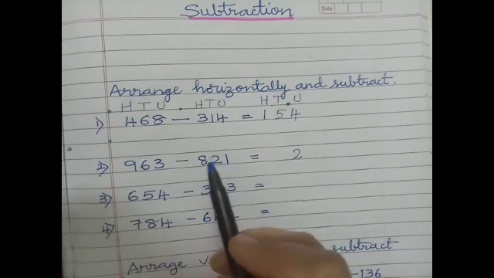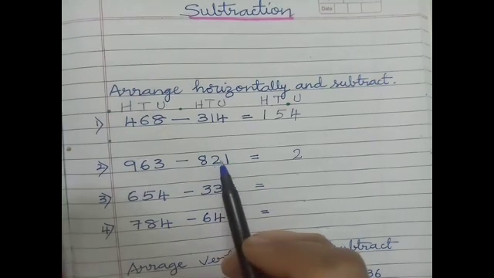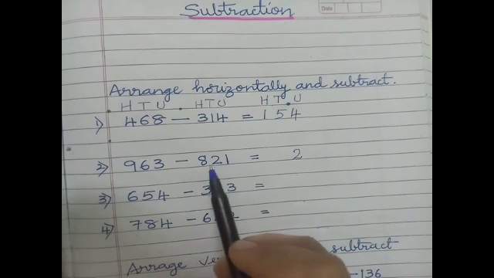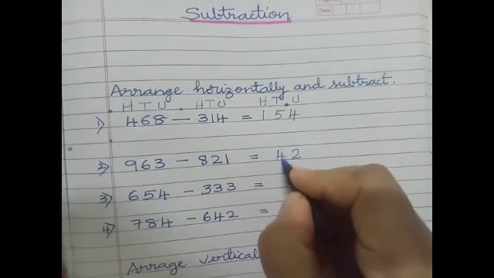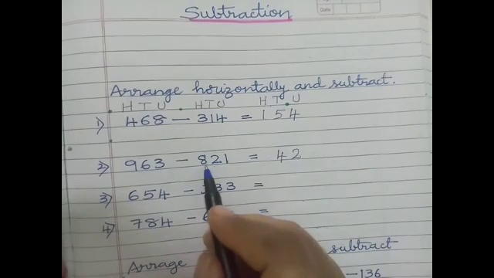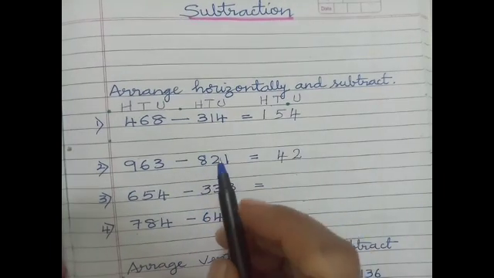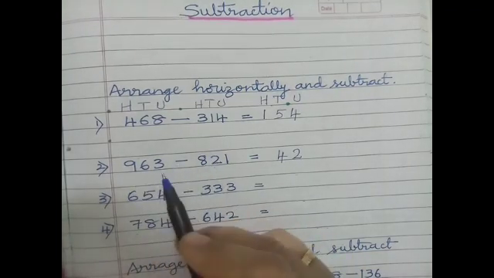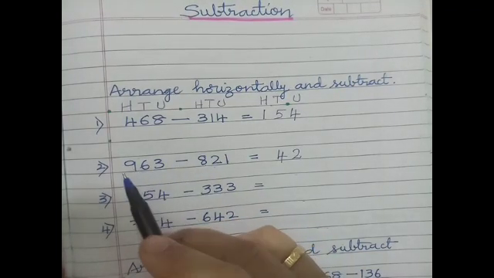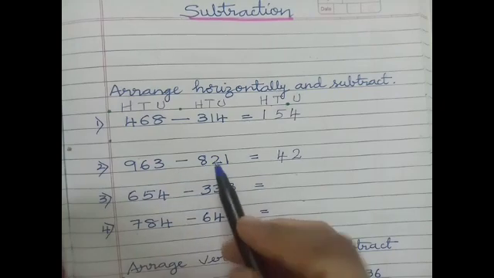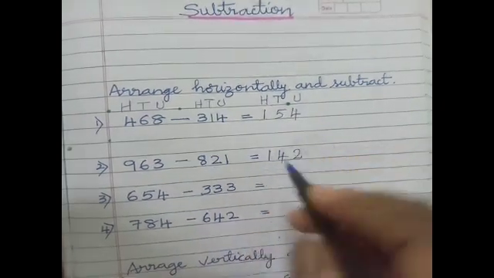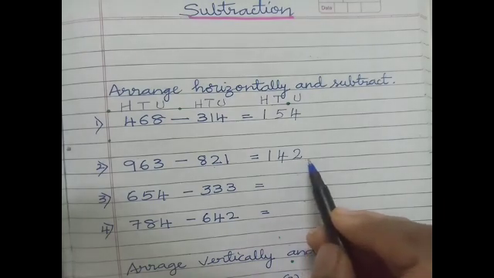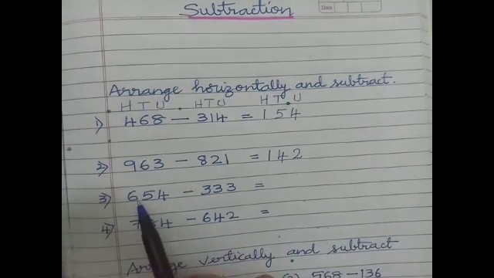You can count forward, that is 2, 3, 4, 5, 6. That is 4. And 9 minus 8, that is 1. You can do 8 plus 1 is 9. Forward also you can do, or backward. 9 minus 1 is 8. So the answer is 142.